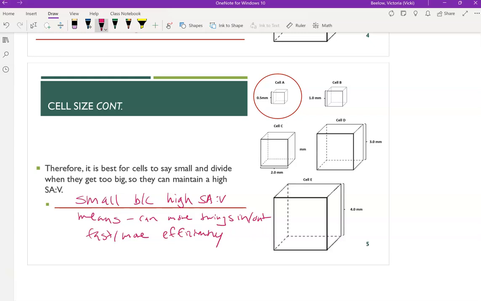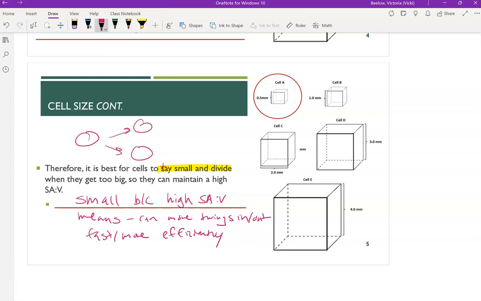And so cells therefore want to stay small and divide. That's one of the reasons why cells divide. That's why cells go from 1 to 2 cells, okay?